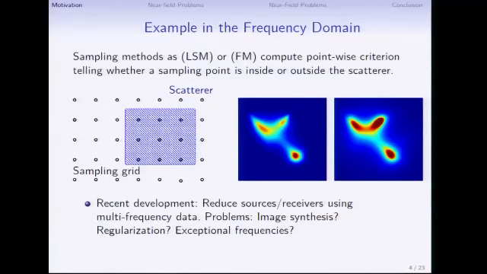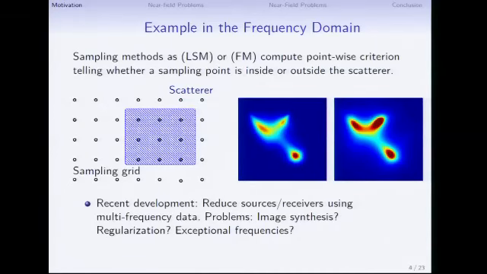The method gives you a pointwise criterion whether a point is inside or outside. Remember yesterday there was this Picard criterion popping up in Andreas' talk. This is what I mean here. So in order to get that picture, you would cover your domain of interest with a sampling grid and evaluate that criterion on that grid, and pictures that you get from the method look like that.